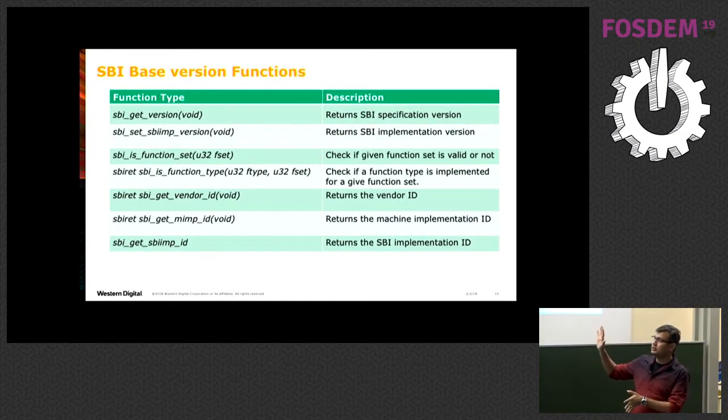Now, these are the base version functions. These are the only functions that will be mandatory to implement and basically will be part of the SBI version. So something like, it's a no-brainer, we need to have a version. So SBI get version, which returns the specification version. Then there is the SBI implementation version, which is basically provided by the software that's implementing the SBI.